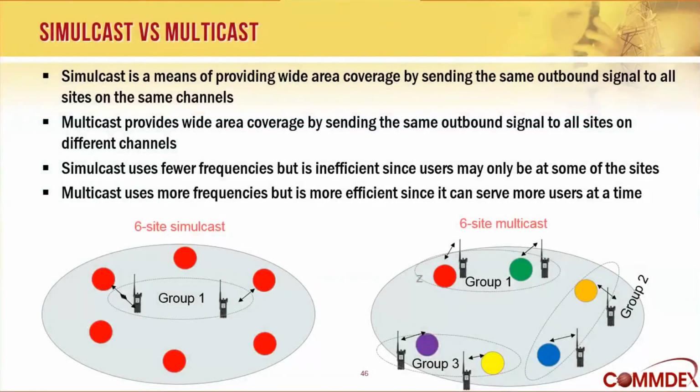And my last slide in this deck is to talk about simulcast versus multicast. So we talked about the fact that simulcast sends approximately the same outbound signal to all sites on the same channel. We talked about delay, but apart from that, we're basically sending the same signal on the same frequency from all the sites.